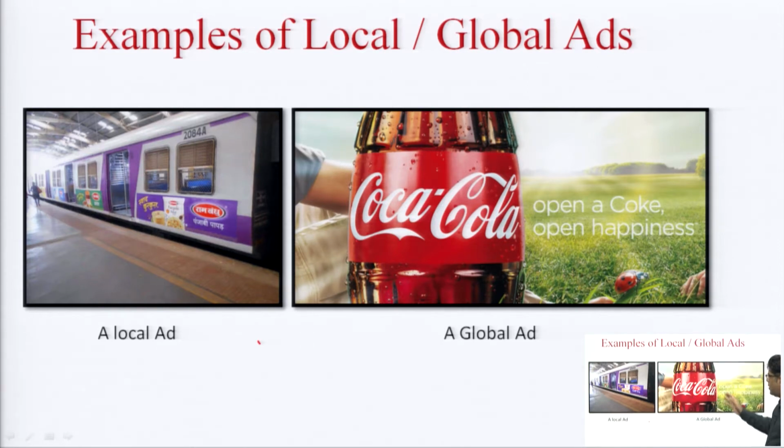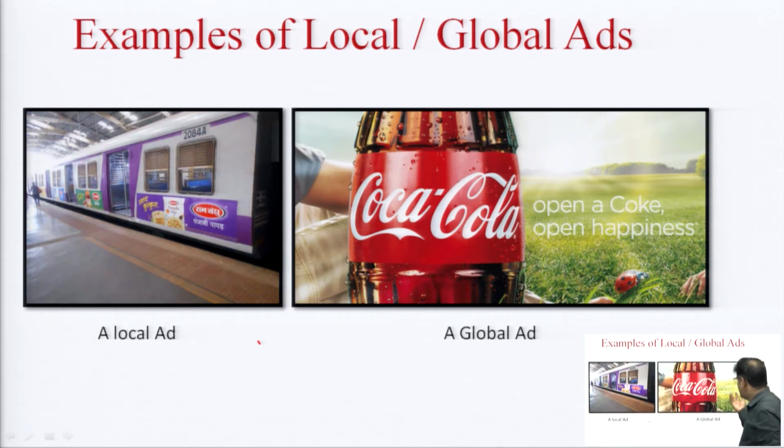And here you can see this is an advertisement of Coca-Cola, and there is a line written here, open a Coke, open happiness. If we look at this line carefully, then happiness is something which is global. Happiness is something which truly belongs to everybody, every person, be it an Indian or an American or Chinese or anybody.